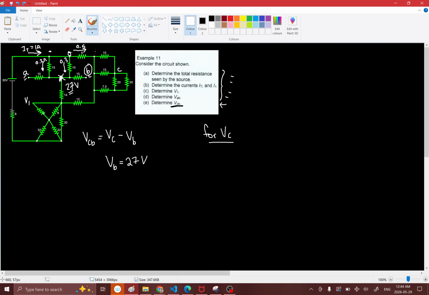The reason is that the electricity coming out of the battery wants to get back to the negative terminal, so it's going to take the path of least resistance.